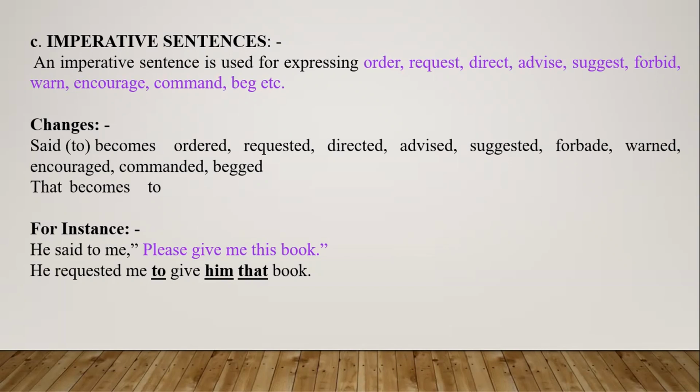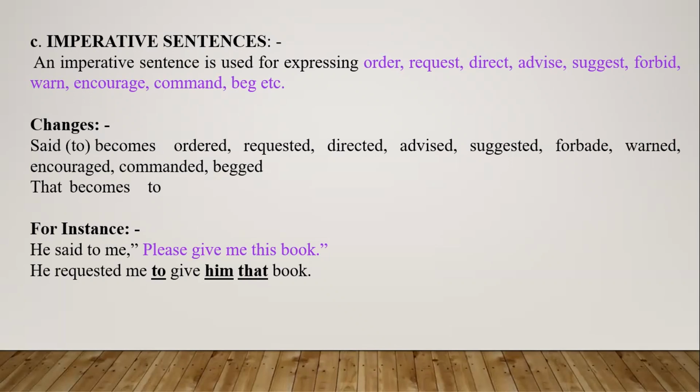I am going to let you know the very impressive thing for imperative sentences. An imperative sentence always starts with the first form of the verb. They have only the verb first form and then object. They do not carry any subject. And a very important thing is that an imperative sentence can only be used in present simple tense.